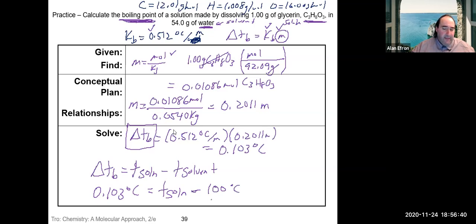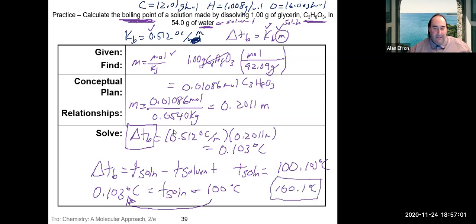This is important because that's going to tell us we need to add the 100 to the other side. And that's going to give us the temperature the solution will actually boil at, 100.103 degrees Celsius. I guess you could round that down to probably 100.1 degrees Celsius, just slightly above the normal boiling point of water in this particular case.